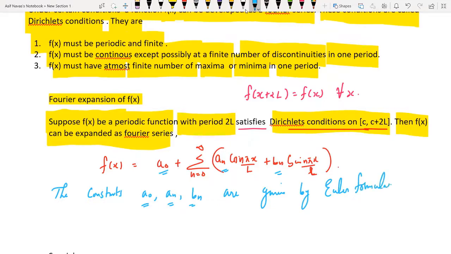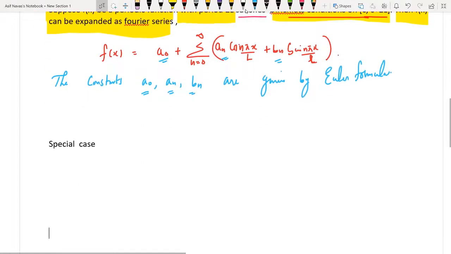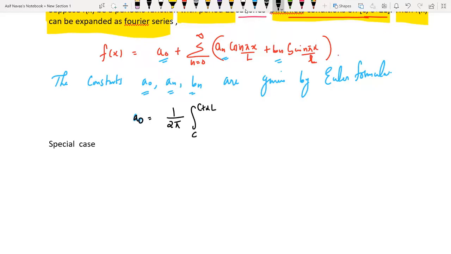So Euler's formula is, first, a naught is equal to 1 by 2l integral, our interval is from c to c plus 2l, f of x dx.